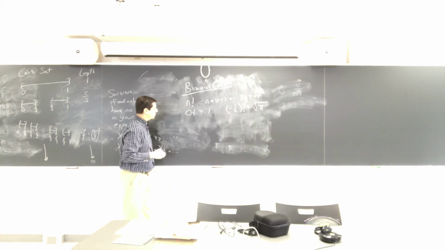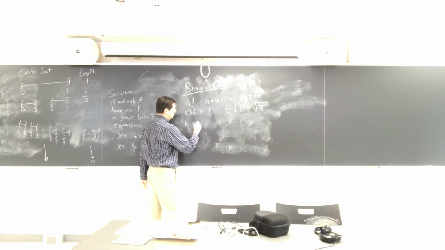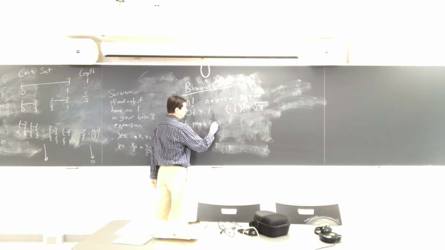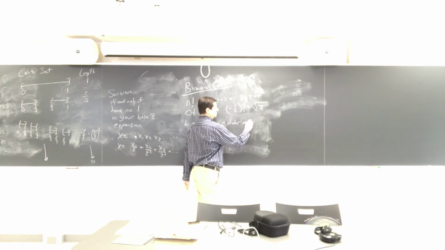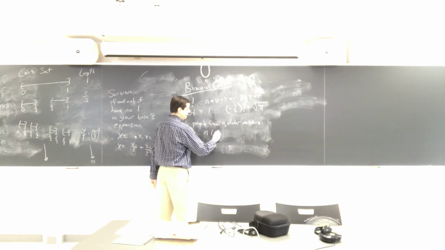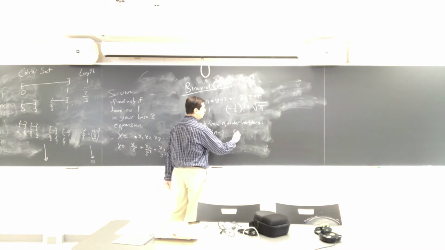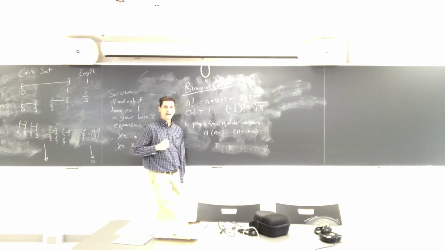Okay. Now, imagine you choose k people from n, and order matters. Then you have n choices for the first, n minus 1 for the second, all the way down to n minus k plus 1 for the last.